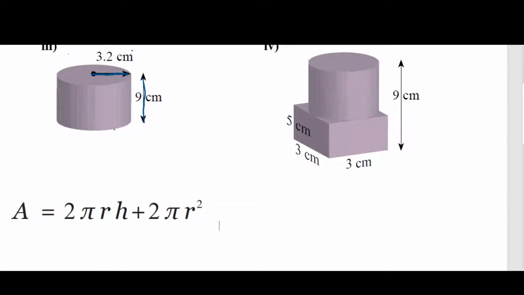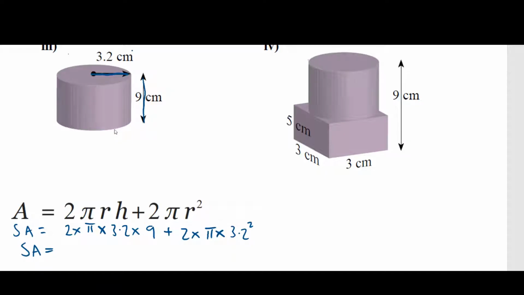Okay, so straight away we can just substitute: the surface area equals 2 times pi times 3.2 times 9 plus 2 times pi times r squared, which is 3.2 squared. The surface area equals, and you can type that straight into your calculator.